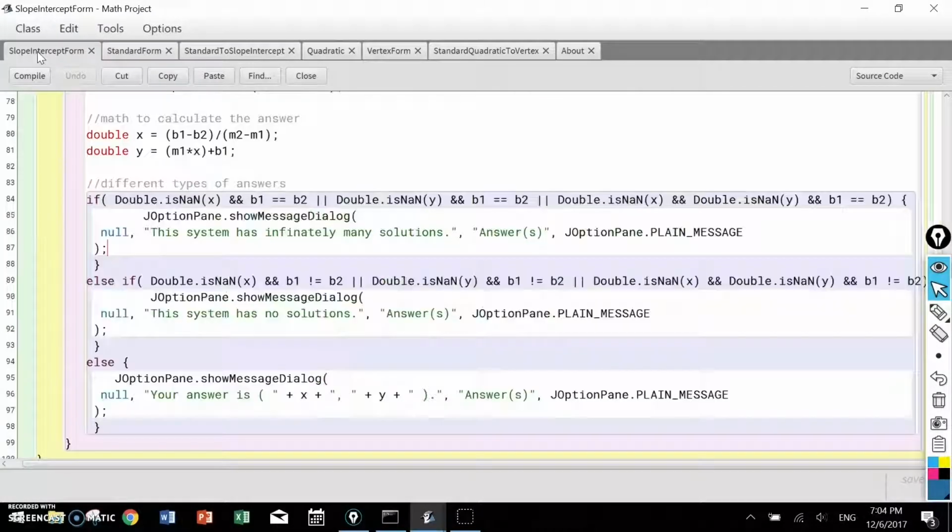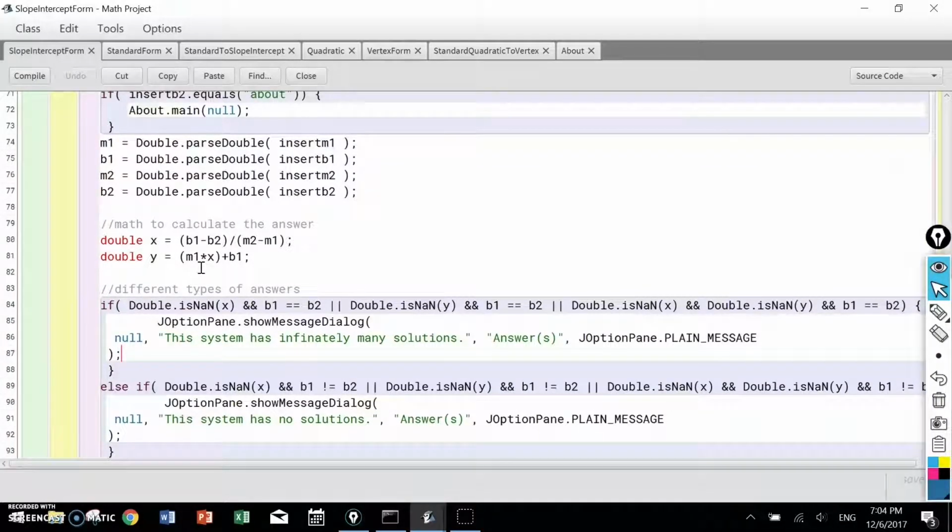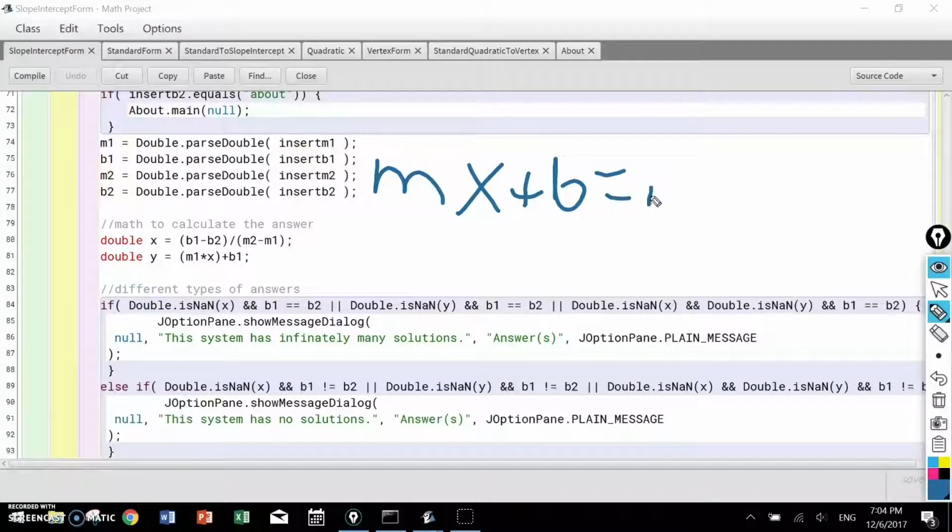So first we'll start with the slope-intercept form. So this is really simple. If you solve any slope-intercept form equation, a system of them, of course, so it would be mx plus b equals mx plus b if you're using substitution.